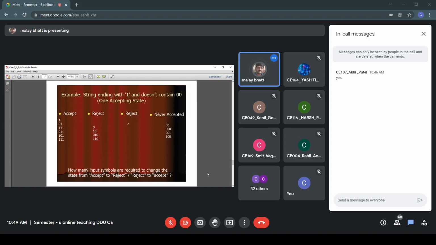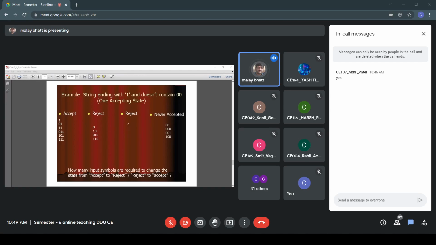So that's why we have 4 different states here. Is this clear? That's why we have this never accepted, or we can say a dead state. Never accepted means it is a dead state. So you can see that we have 4 different states now. One is acceptance, one is a dead state, one is a null state, because the behavior of 0 and 1 are both different from the null.